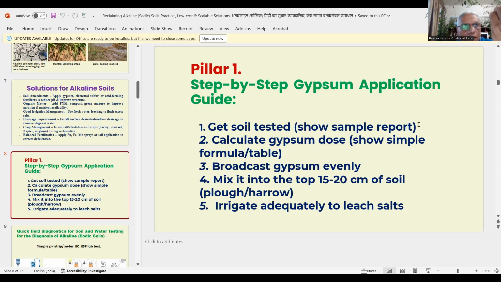For that we have to take a representative soil sample from the field, then calculate the gypsum dose, then broadcast gypsum evenly and mix it into the top 15 to 20 centimeters of soil. Plow, harrow, and irrigate adequately to leach the soil. At that time we have to use fresh water having low salt content.